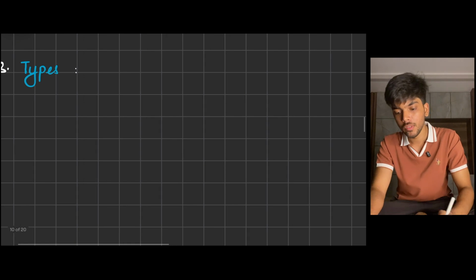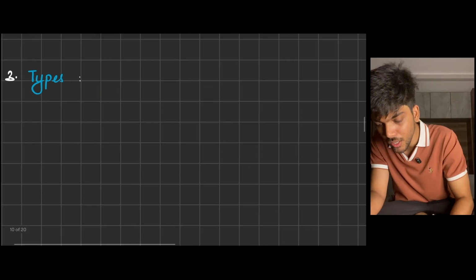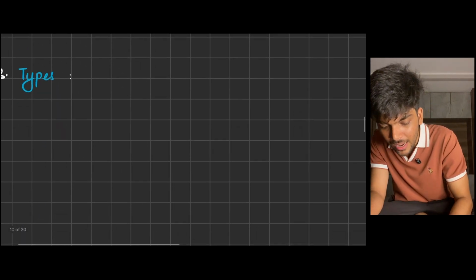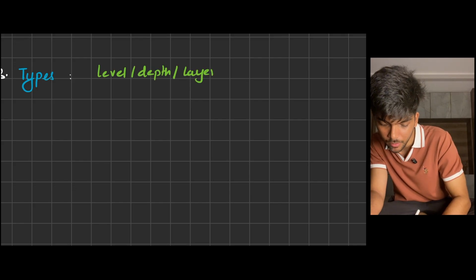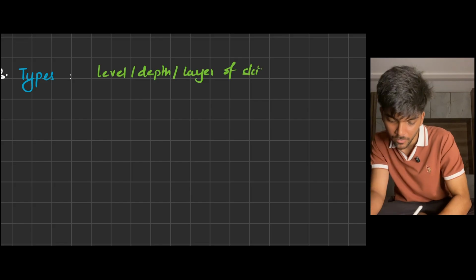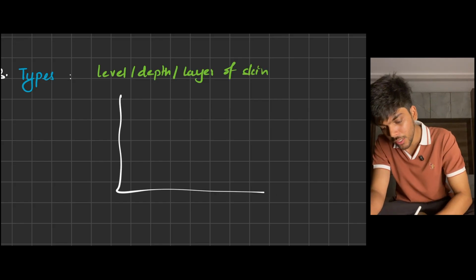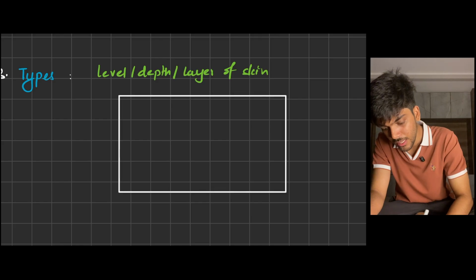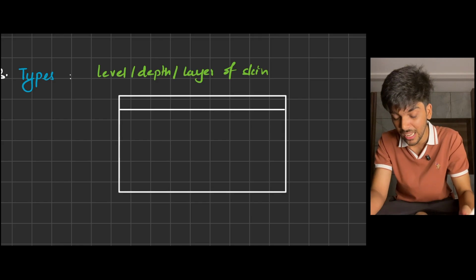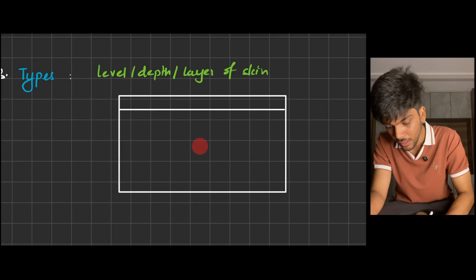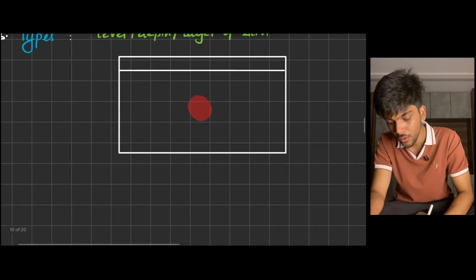Next, types. Types you have on the basis of the level or depth, or the layer of skin. Here's your skin. There's the epidermis, and you know that it's the dermal blood vessels that get ruptured, right? So here's a bruise.